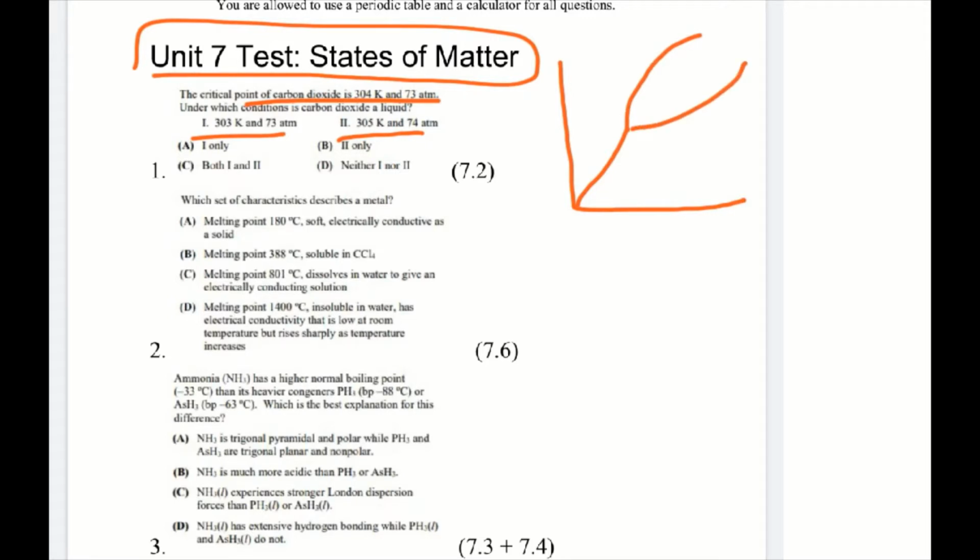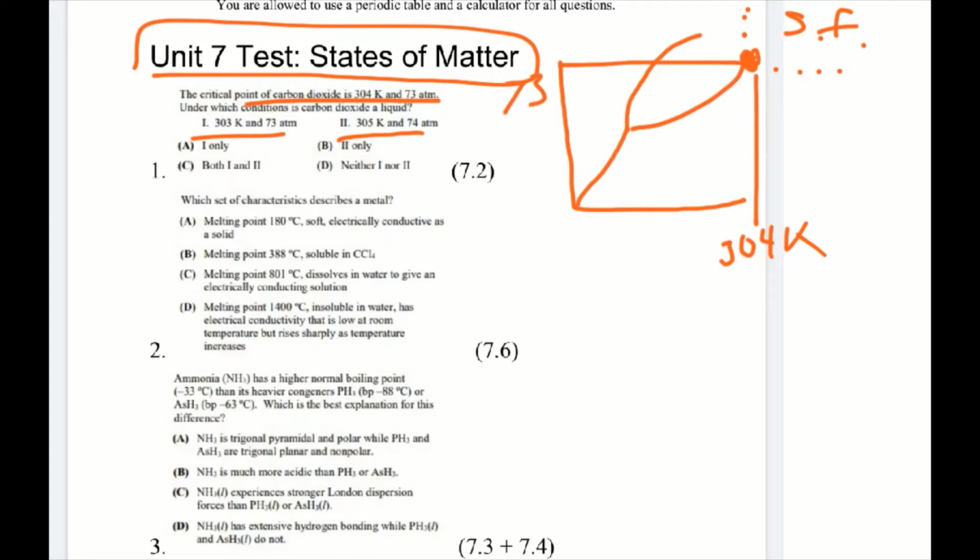And if you remember what the phase diagram looks like, you might remember that the critical point is located somewhere over here. And then we have like this little box which labels the supercritical fluid. So that is where the critical point is, and it says that it's at 304 Kelvin and 73 atms.